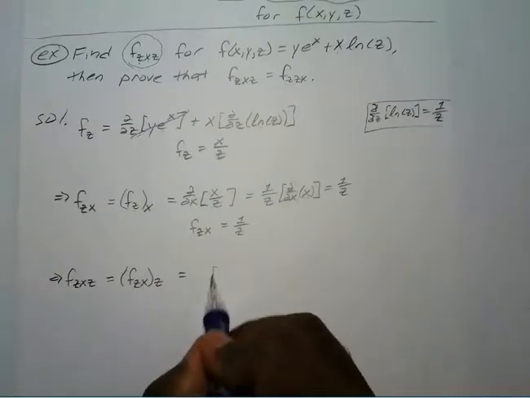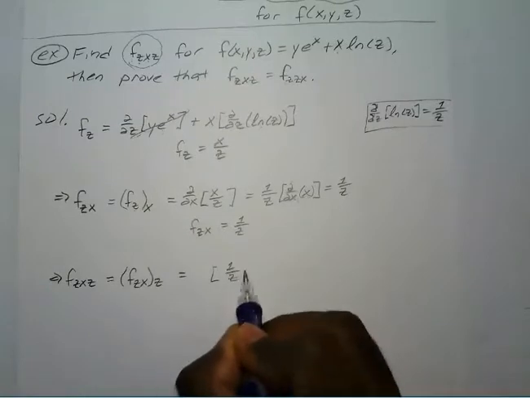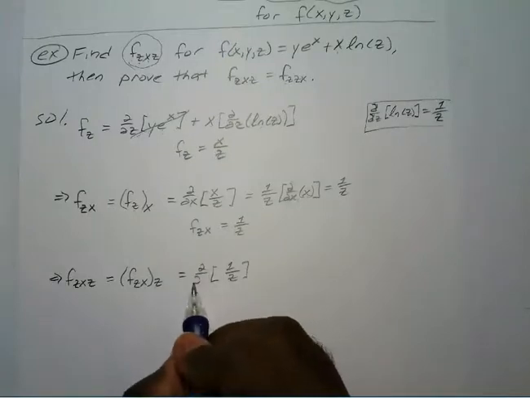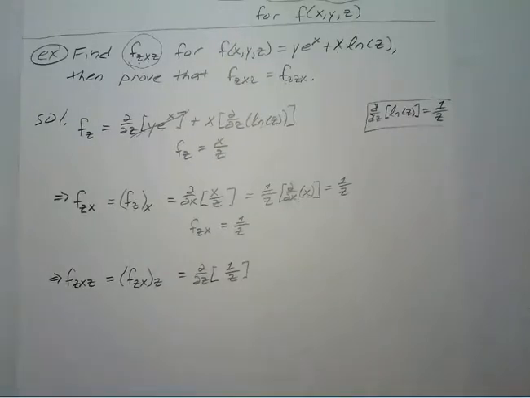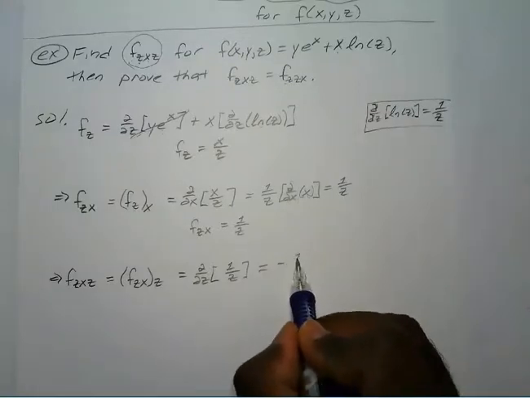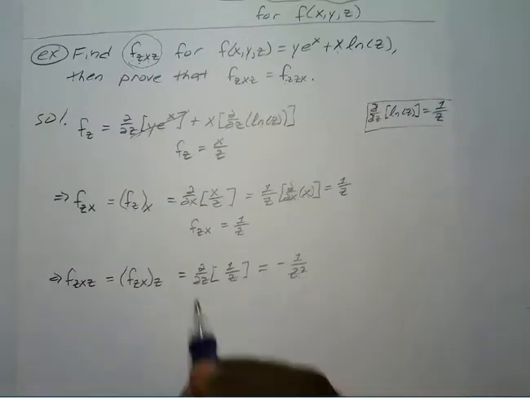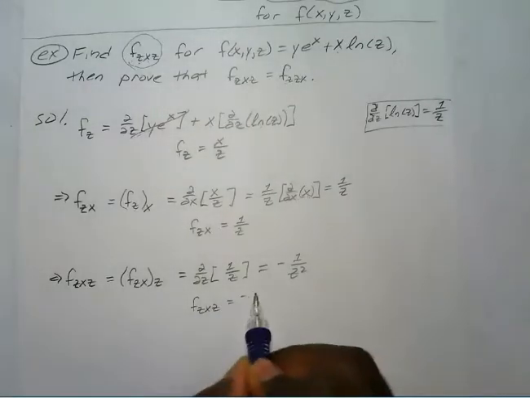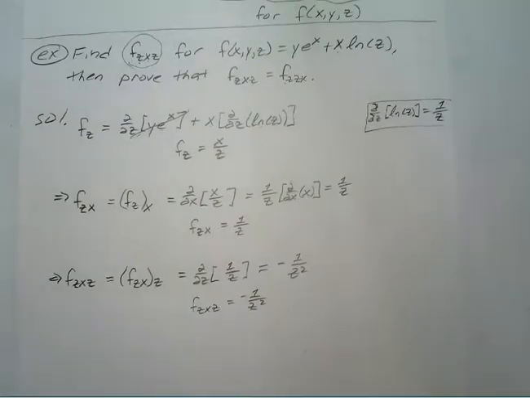We're going to take that and find the partial with respect to z. The partial derivative of 1 over z with respect to z is just negative 1 over z squared. So we found our partial derivative.